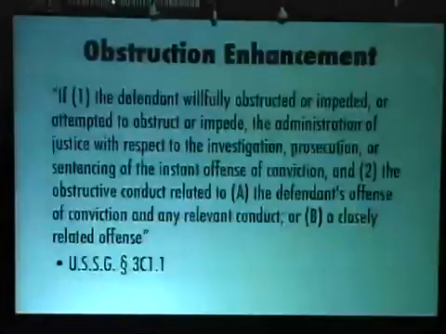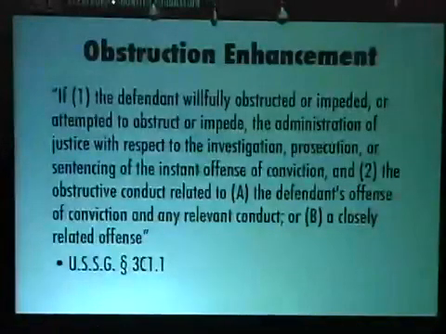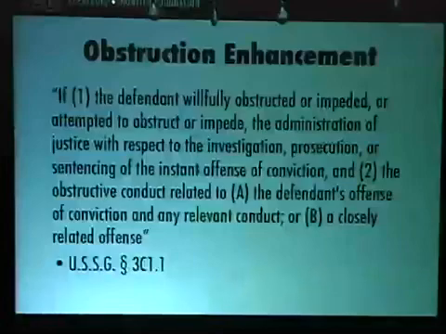Now, the good news is that this specific enhancement does not apply to the crime of anticipatory obstruction of justice unless the obstruction occurs in relation to a prosecution of the anticipatory obstruction of justice charge. What that means is you can't get it twice. So if you're charged with anticipatory obstruction of justice, you can't also get the enhancement for anticipatorily obstructing justice.